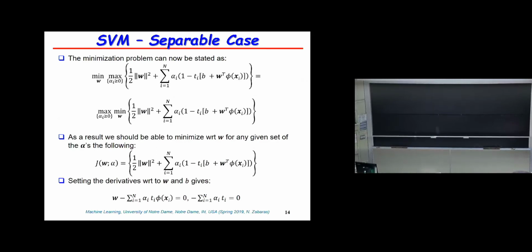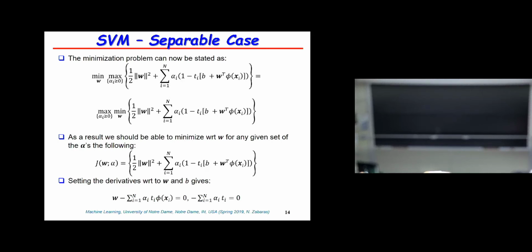Now if you look at the loss function like that, you can think that the parameters alpha are temporarily fixed. Let's say we know the parameters alpha temporarily, so we need to do the minimization with respect to w and b, and the way we do minimization of a cost function is by taking derivatives with respect to w equal to 0 and derivatives with respect to b equal to 0.